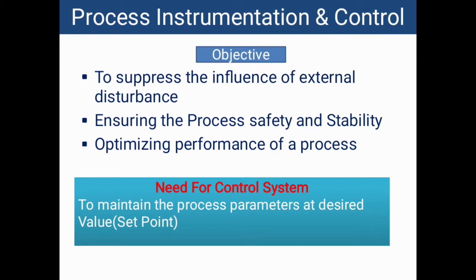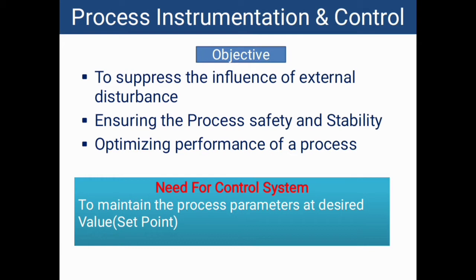But in actual practice, there will be some disturbances due to rain season or due to breakdown of some equipments or power failure. Like that, you cannot simply easily achieve the target. You have to struggle more to suppress the influence of these external disturbances, and also to achieve the process safety and product safety and optimizing the performance of a process.